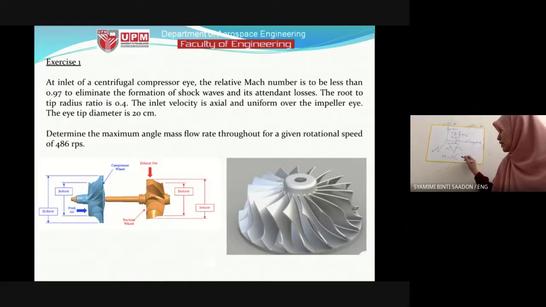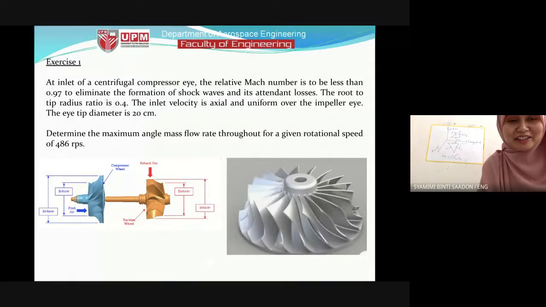We need CA, the axial component of the absolute velocity. The absolute velocity C has the component CA, which is axial, and CU, which is tangential. Tangential like this, axial like this.